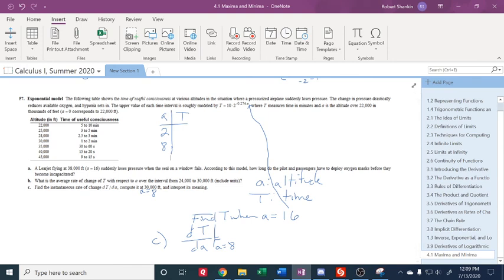So A is like saying 1,000 more than 22,000 feet? Yeah, how many more than 22,000, but in thousands? Yes. How many thousands of feet it is more than 22,000. Okay. So that's as much as I want to do on 57.